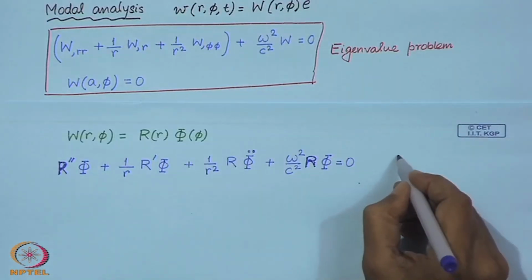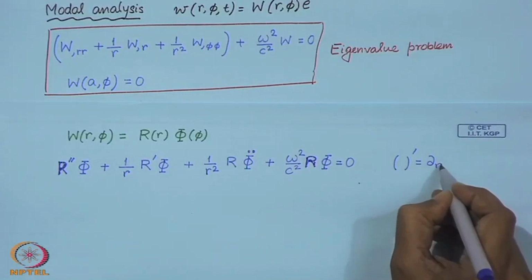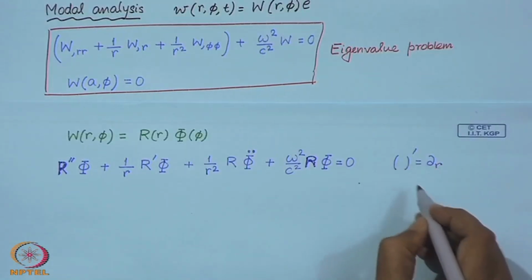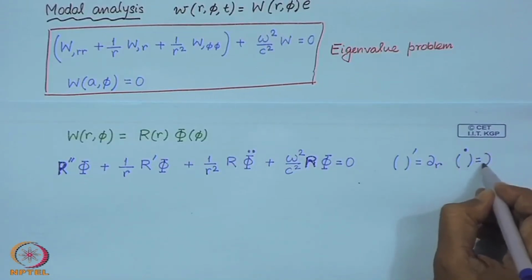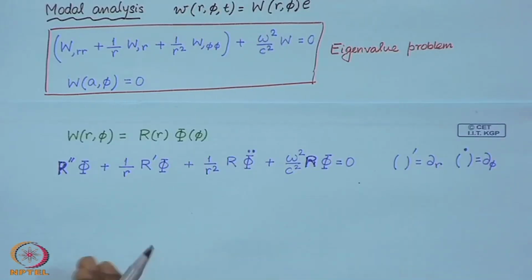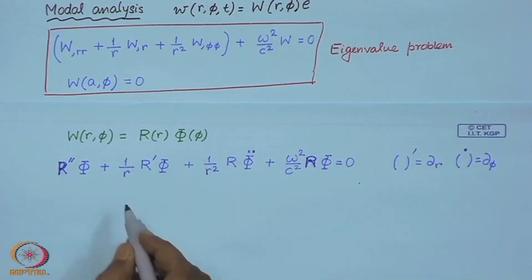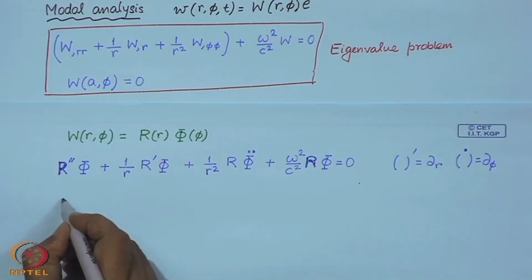Here I have used prime for del by del r, and dot indicates del by del phi. Now, I do some rearrangements. I divide this throughout by this product R into Phi.